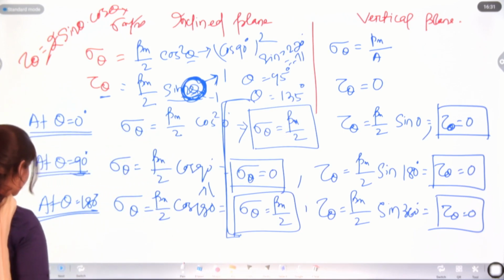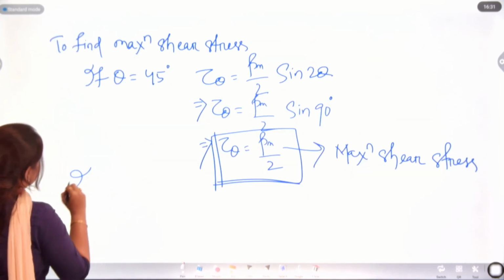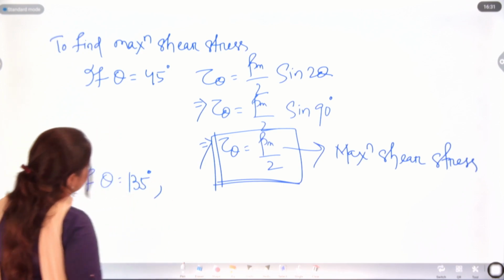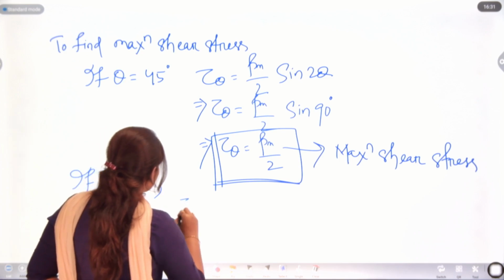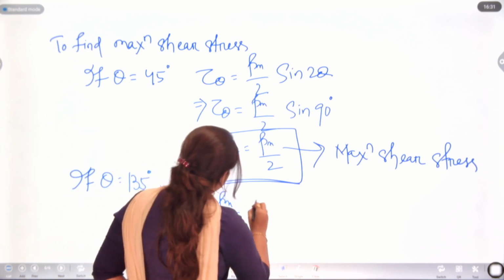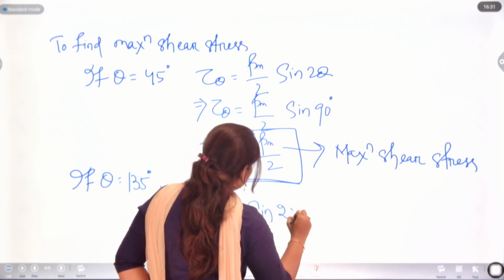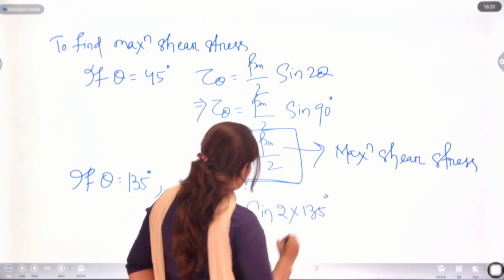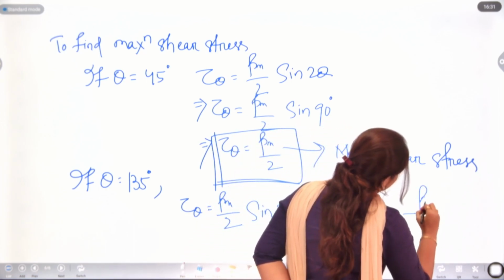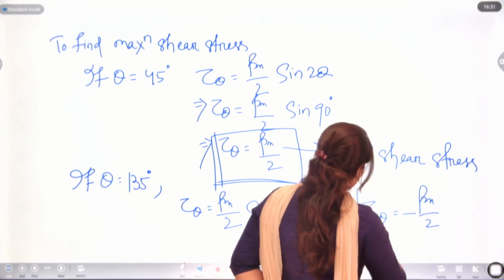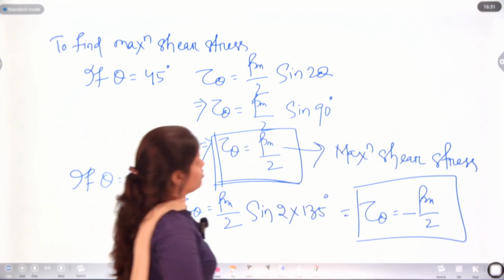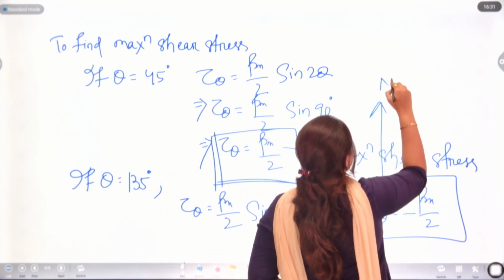So, by putting theta equals 135 degree, tau theta will be Px upon 2 sin 2 into 135, that will be tau theta equals minus Px by 2. This is our minimum shear stress.